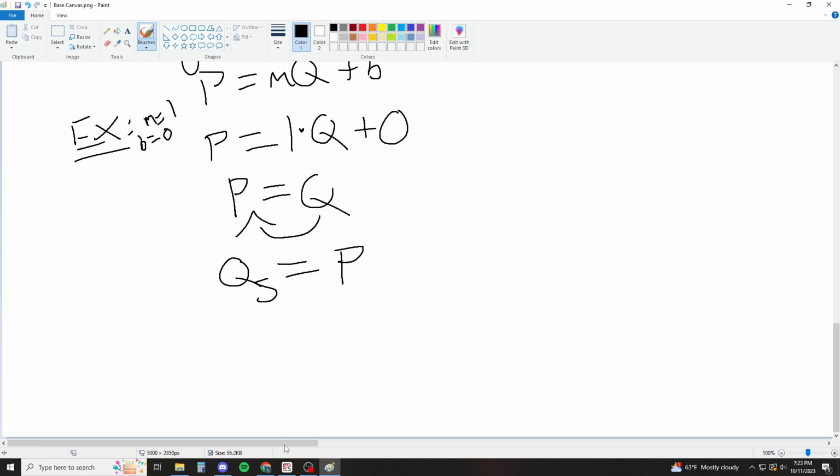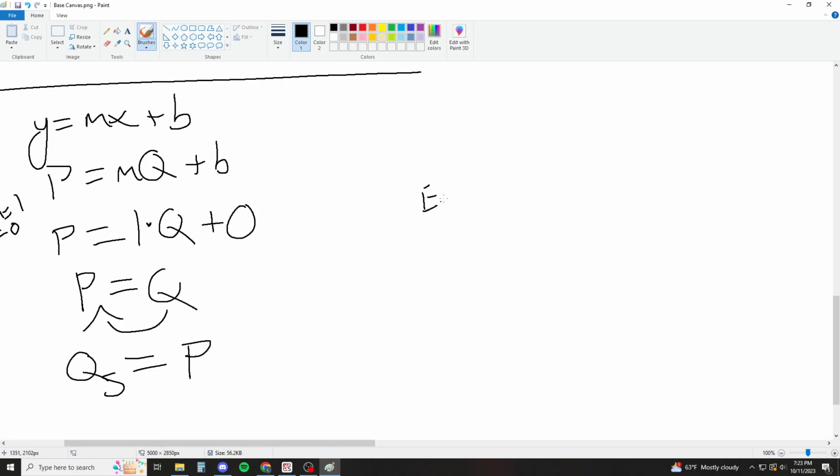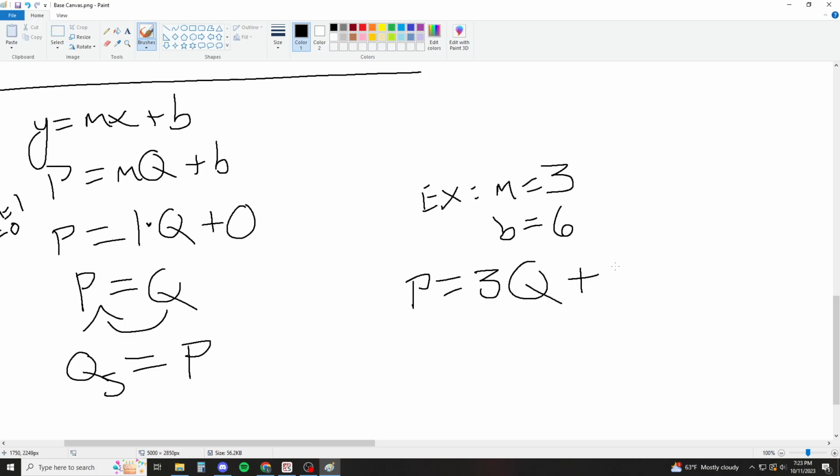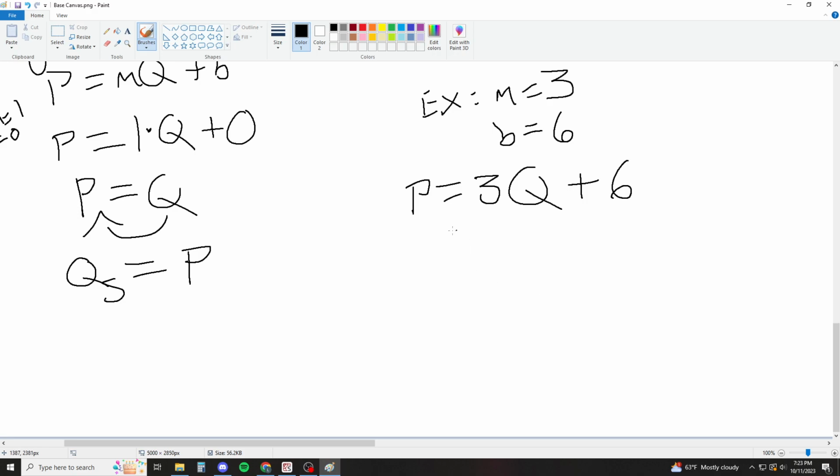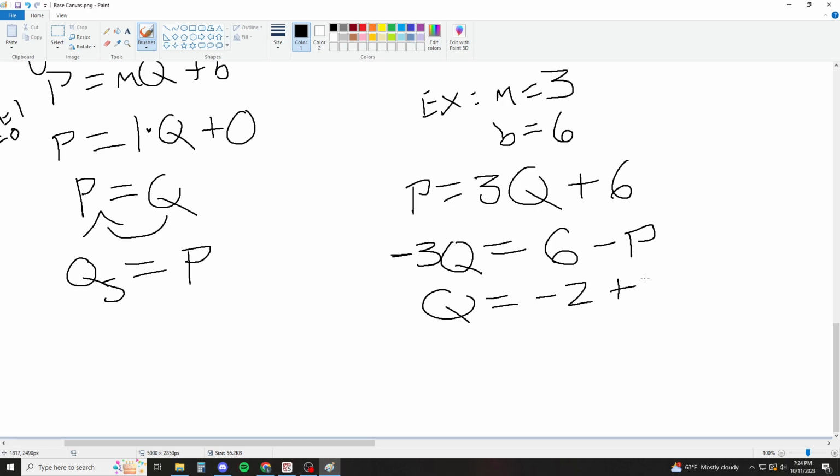A slightly different example, just so we can see all the steps. I'm going to say m equals 3, b equals 6, okay? So I get P equals 3Q plus 6. If I need to solve this for Q, I'm going to get minus 3Q is equal to 6 minus P. Divide everything by negative 3, and I'm going to get Q is equal to negative 2 plus P, or alternatively, you can just call it P minus 2.